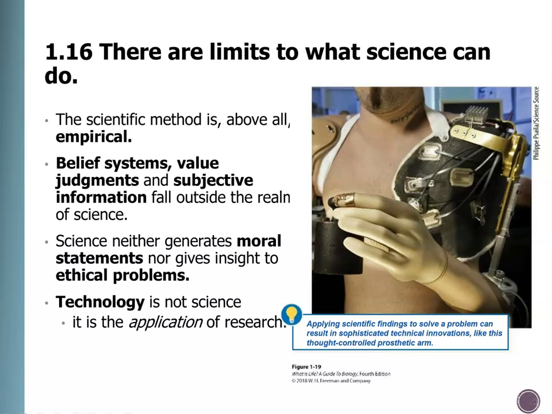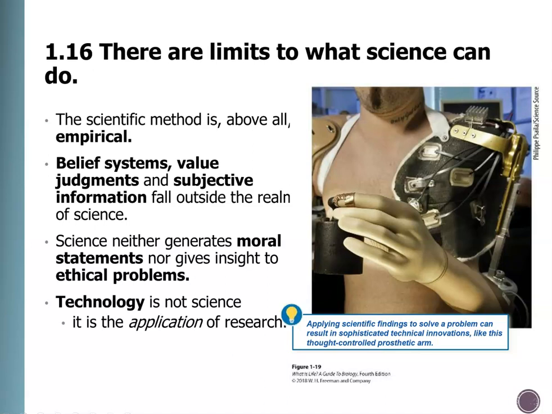So to sum things up, there is a limit to what science can do. The scientific method needs to remain fact-based. So you can't evaluate anything that is not empirical, that is not data-driven. Belief systems, value judgments, and subjective information all fall outside of the realm of science.